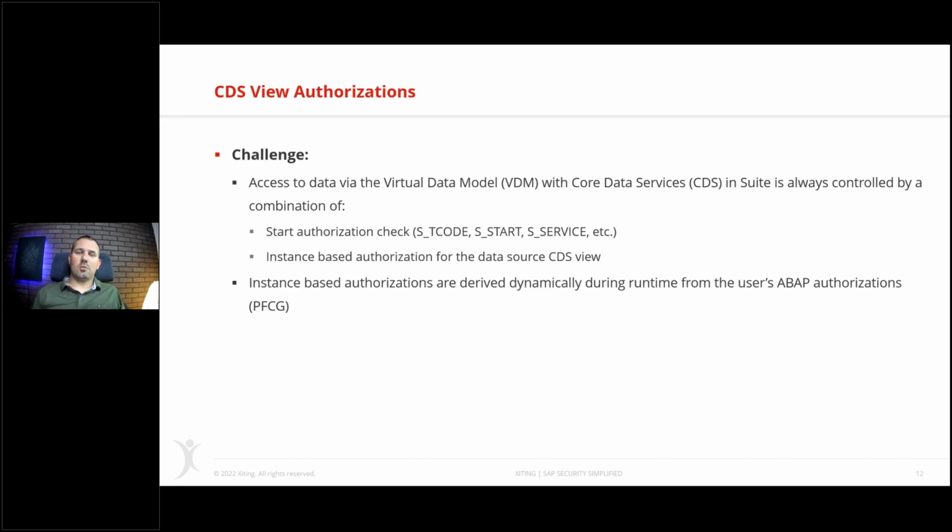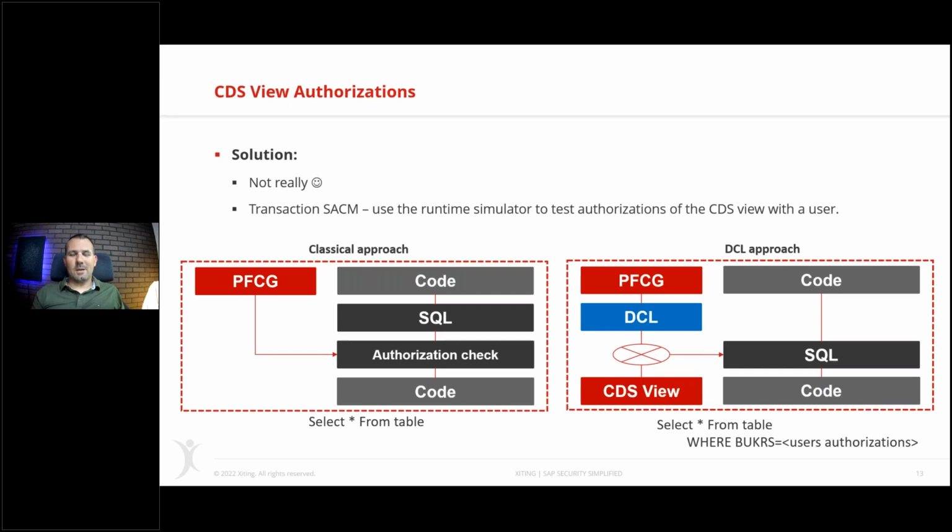So the authorization check is part of the data pull from the database. But that creates a problem for us authorization admins, because you don't see what's failing. We don't have an authorization check that says, hey, user doesn't have authorization to company code 1000, because we won't see that. And why is that, and how does it work, and what's the solution there?